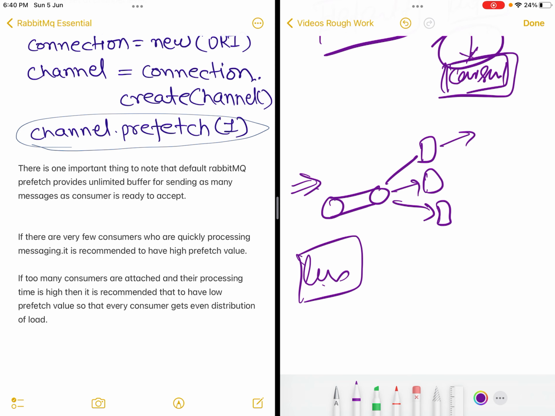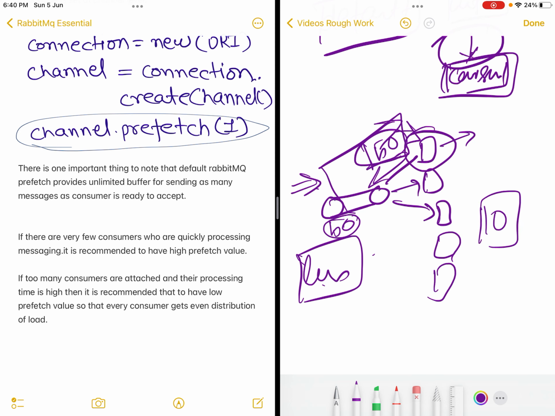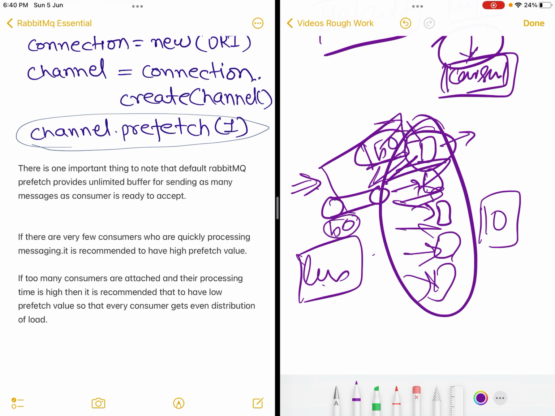If it is too high and you have too many consumers, then suppose 50 messages are sent to this consumer, there are very few messages available here, and this consumer was pretty fast. He processed all the messages and sent the acknowledgement. By the time it was sent, you again got 50, so again they will be sent to the same consumer. So you should divide it; suppose if you have 5, you should divide it into 10. Then 10 messages will get served to all the consumers.